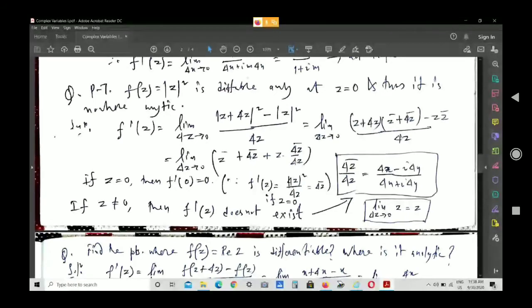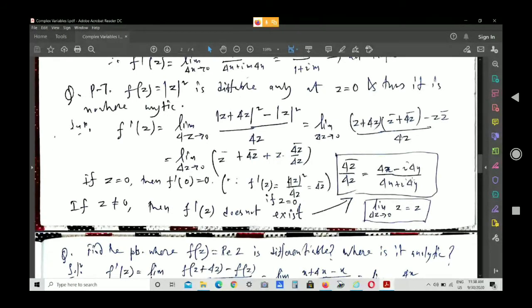So you have to read from the beginning and learn the techniques for how to prove something is not differentiable. While proving something is not differentiable, it will boil down to showing that the limit does not exist. And how to show a limit does not exist, we have discussed several procedures. You can approach 0 from several directions.